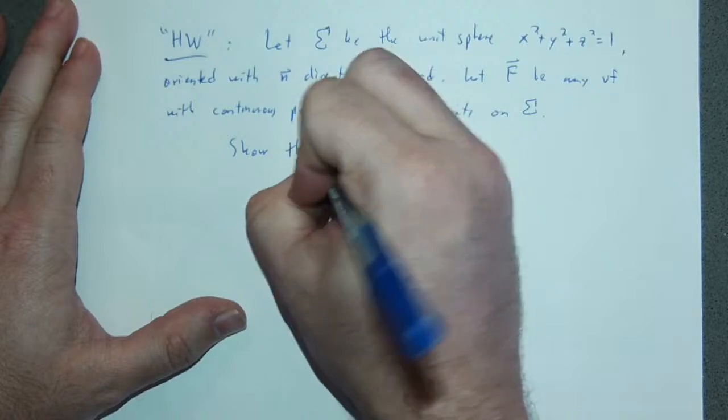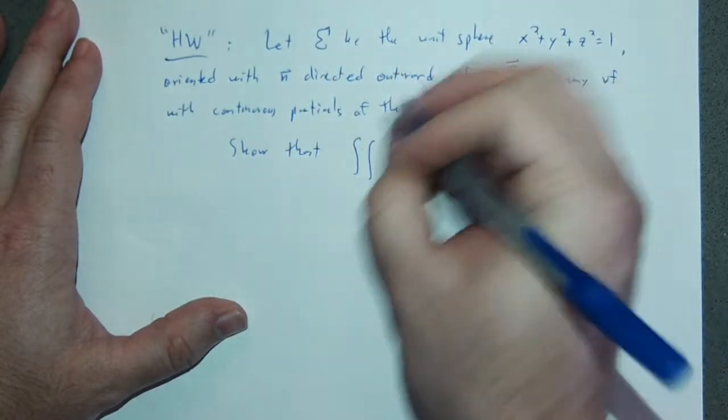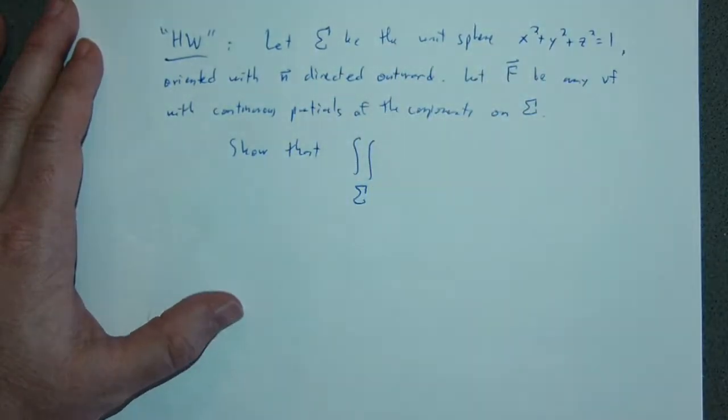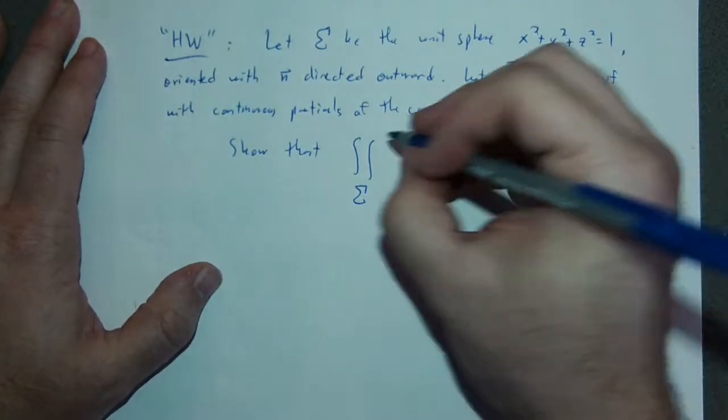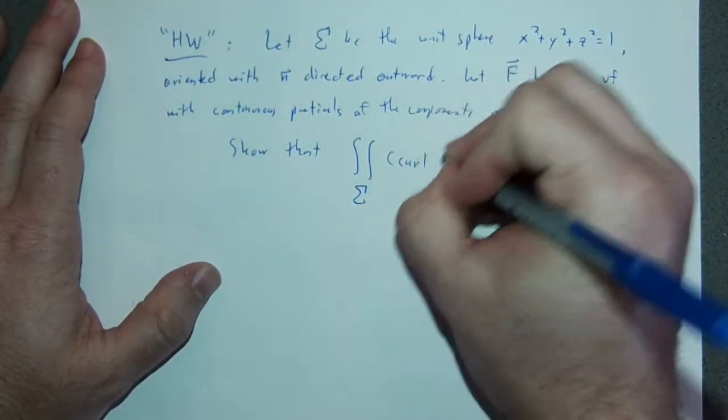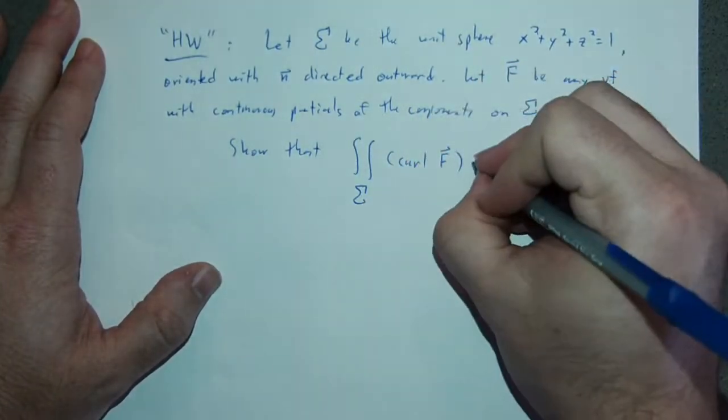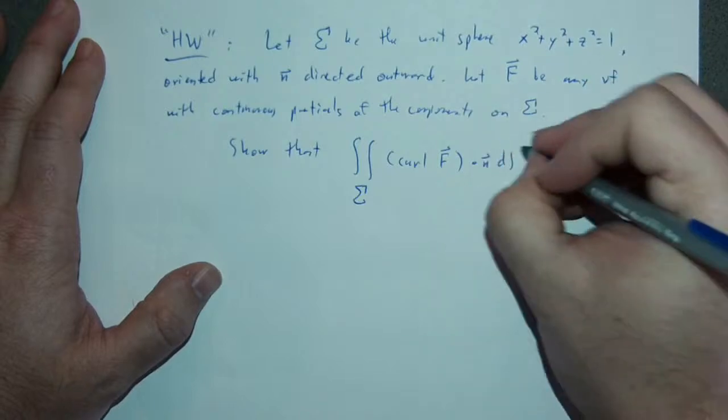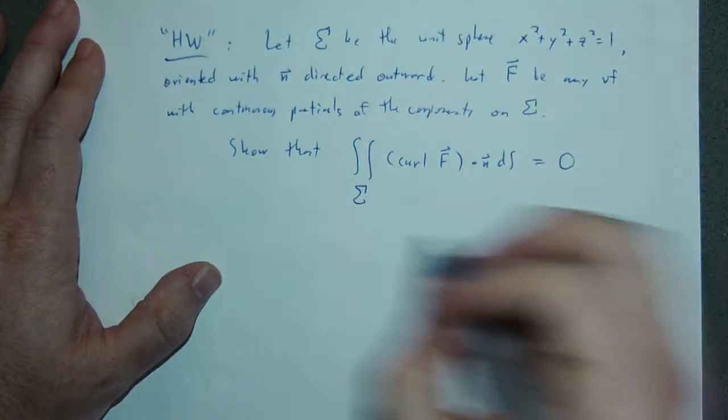Show that the surface integral along the sphere of the curl of such a vector field is equal to 0.